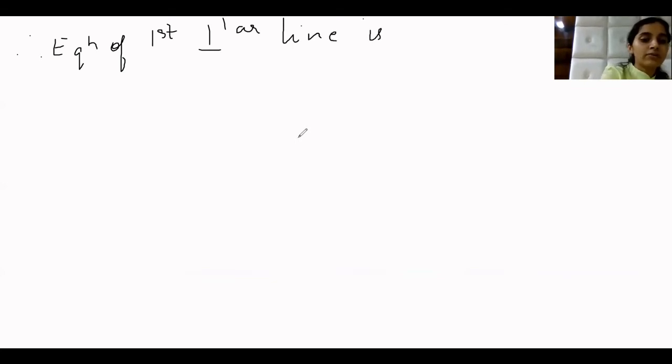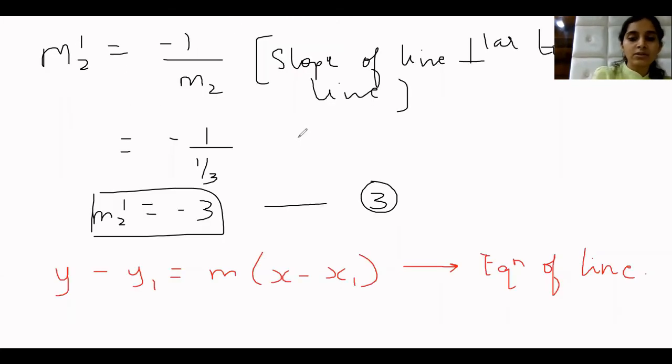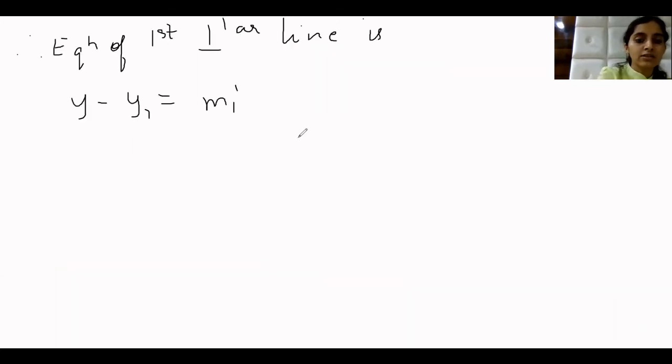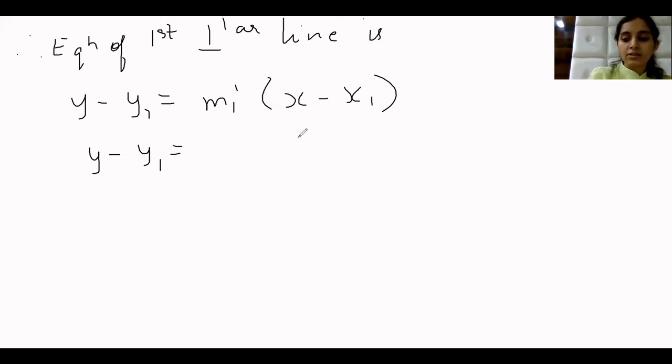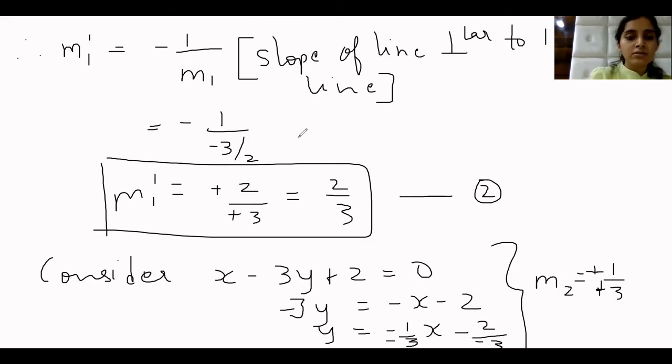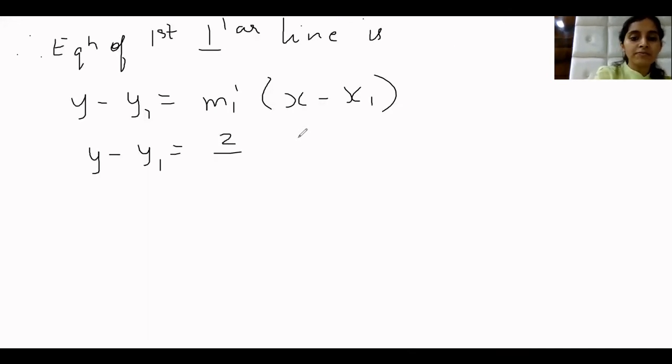y minus y1 is equal to m1 dash into x minus x1. What is m1 dash? Here, 2 upon 3. So let us put 2 upon 3 here.